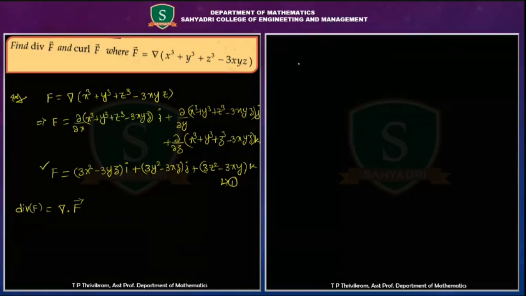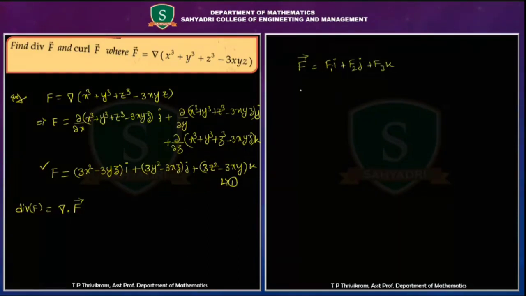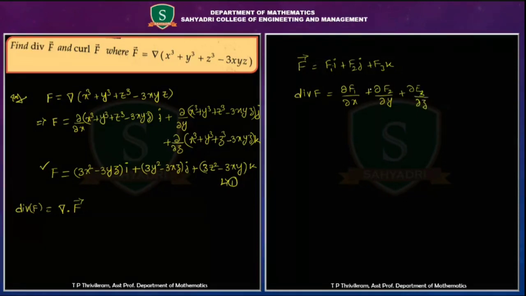Simply, suppose f is a function like this, f1 i plus f2 j plus f3 k, divergence f can be written directly as dou f1 by dou x plus dou f2 by dou y plus dou f3 by dou z, where I take the i quotient as f1, the j quotient as f2, the k quotient as f3.